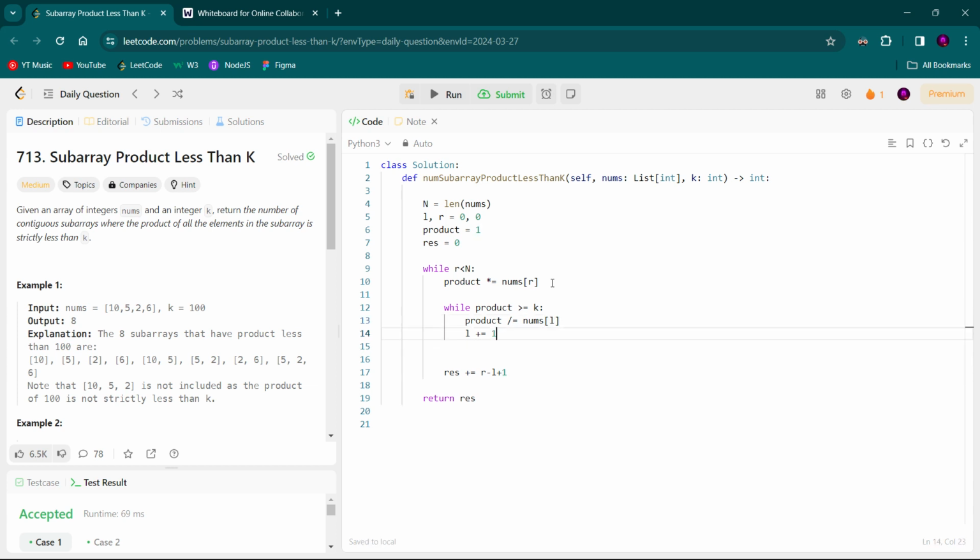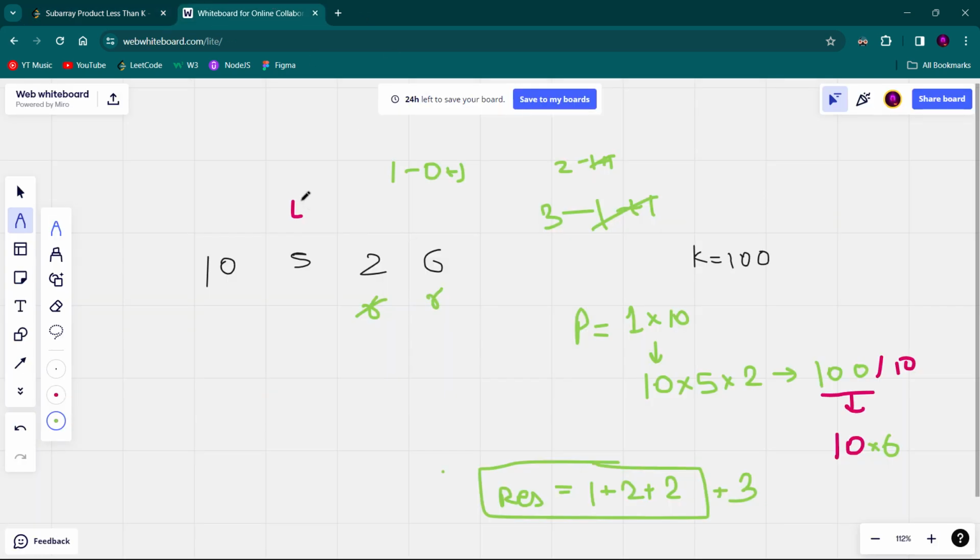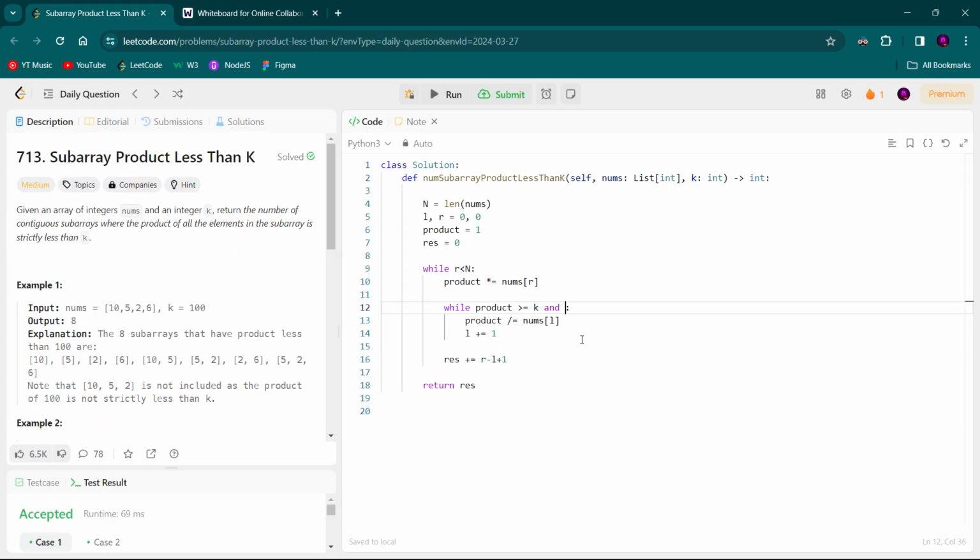And increment the L. But I don't want L to exceed R. So I can do it while L is less than or equal to R. This is my code. Let's run this.